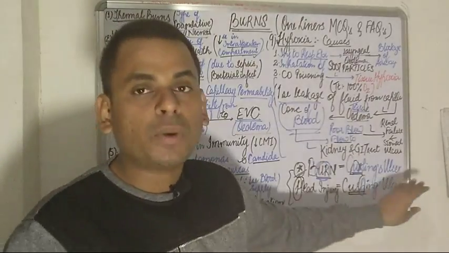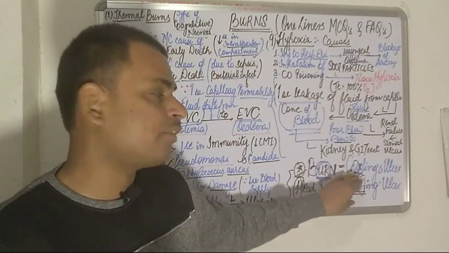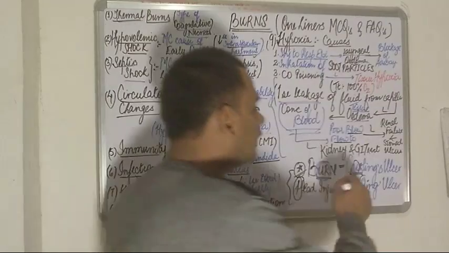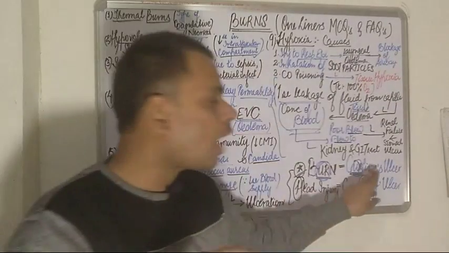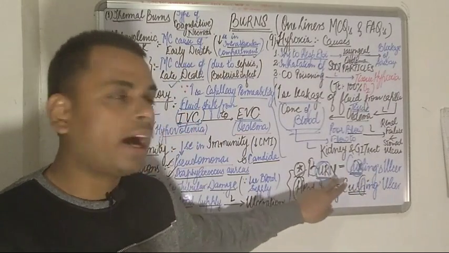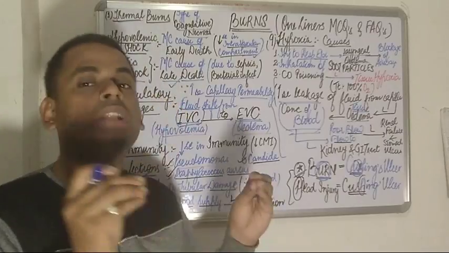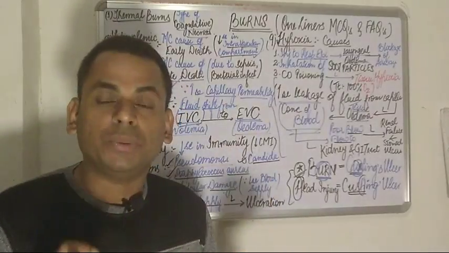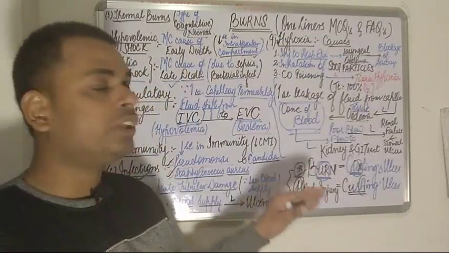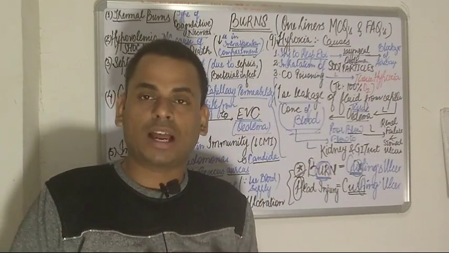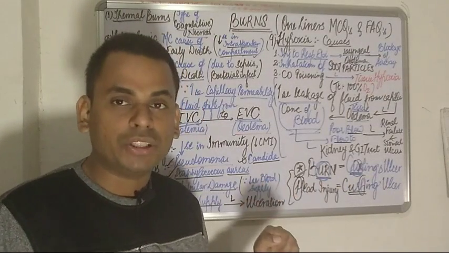The name these ulcers have got in a burn patient is the Curling's ulcer, that is the CUR. So the UR of the Curling and the UR of the burn will help you easily remember the name given to the ulcers formed in a burns patient. So in patients of burn, the stomach ulcers formed are Curling's ulcers.